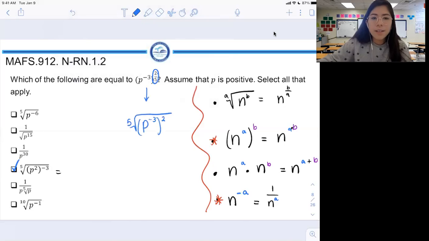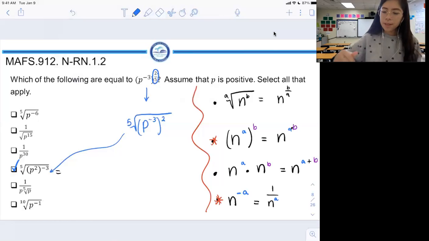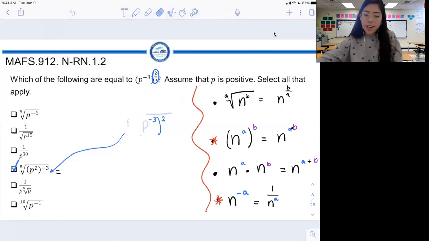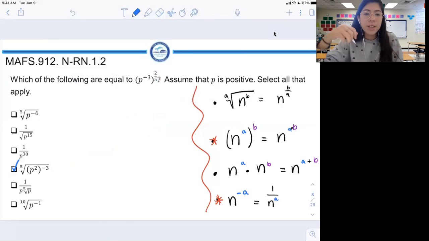Yes, and you could reverse the exponents and it would still have the same outcome. Nice job. That's what I'm trying to get at: this type of question you can figure out a bunch of different ways. There's no one right way to do it. You just have to prove that they're equal.